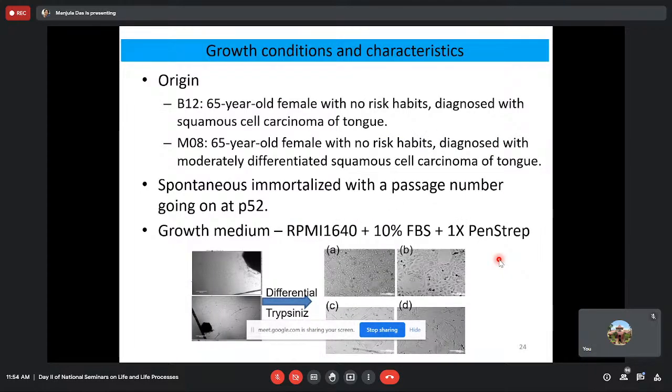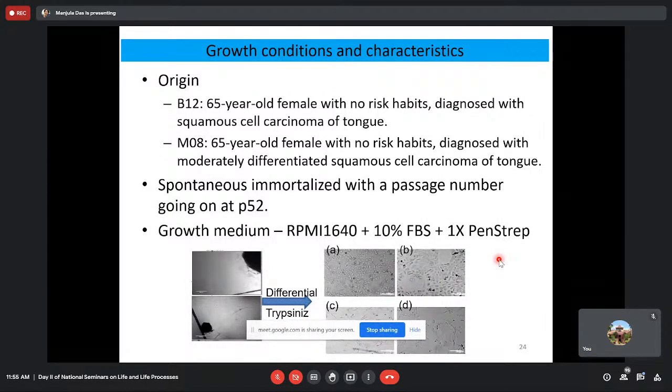Now a little bit about the oral mucosal cells, because normal oral mucosal cells are not available with ATCC or in the market. So we also work with oral cancer patients. For this study, we have taken cells from two patients, both 65-year-old females with no risk habits.